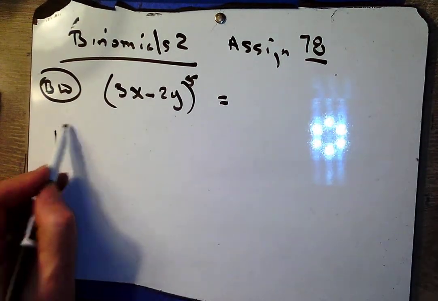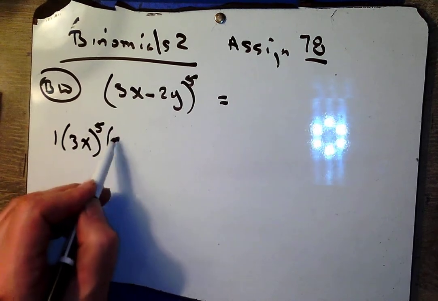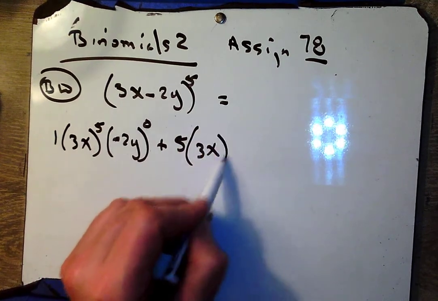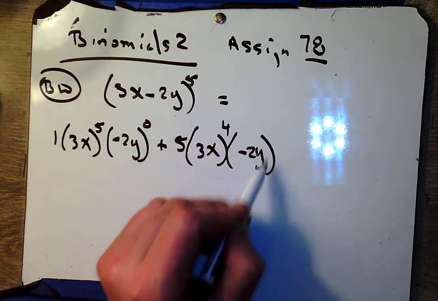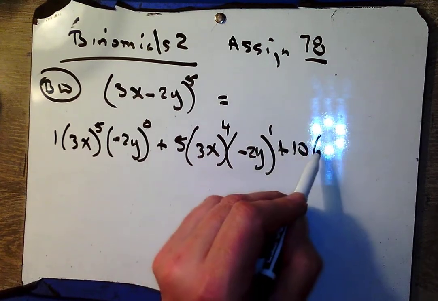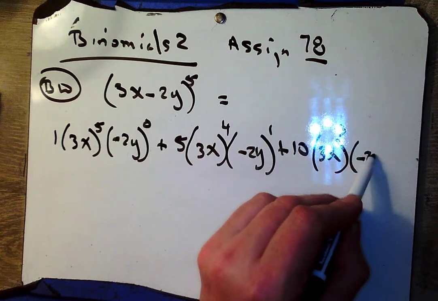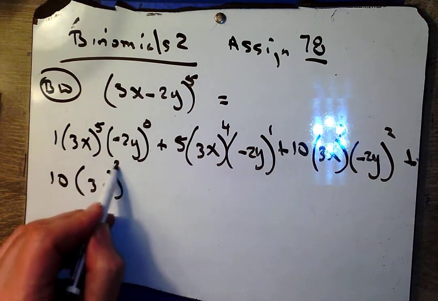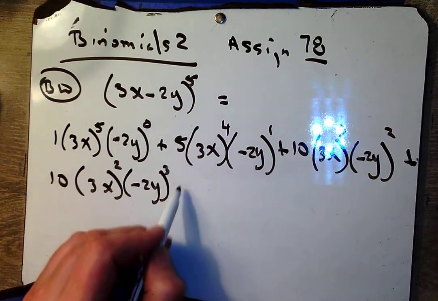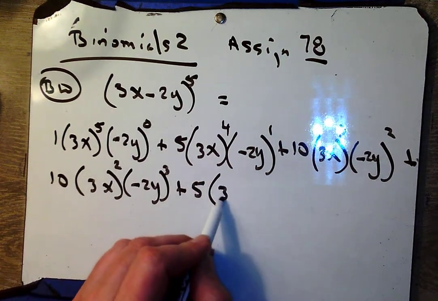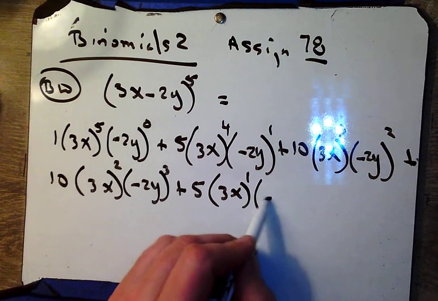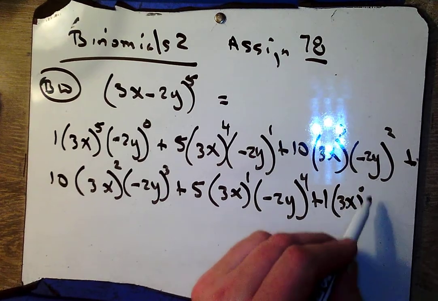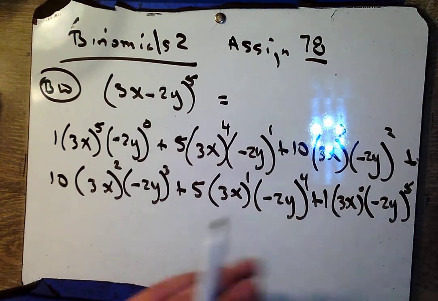So this is going to be 1 times 3x to the fifth minus 2y to the 0, plus 5, 3x to the fourth minus 2y to the first, plus 10, 3x to the third minus 2y to the second, plus 10, 3x to the second minus 2y to the third, plus 5 times 3x to the first minus 2y to the fourth, plus 1 times 3x to the 0 times negative 2y to the fifth.